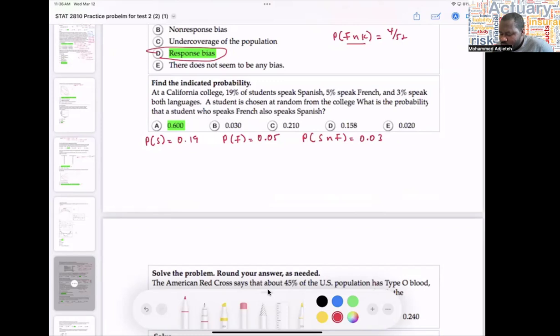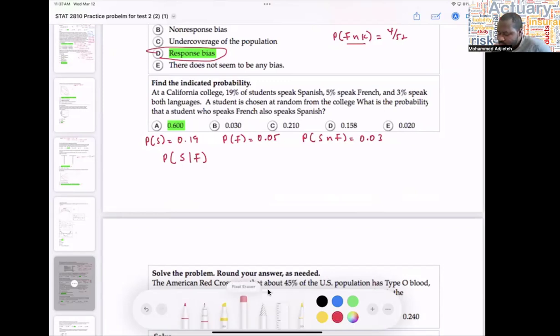So this is going to be the probability of Spanish, given you speak French, because we are told that you already speak French. I'm looking for those people who already speak French, and then the probability of speaking Spanish, given that you speak French.